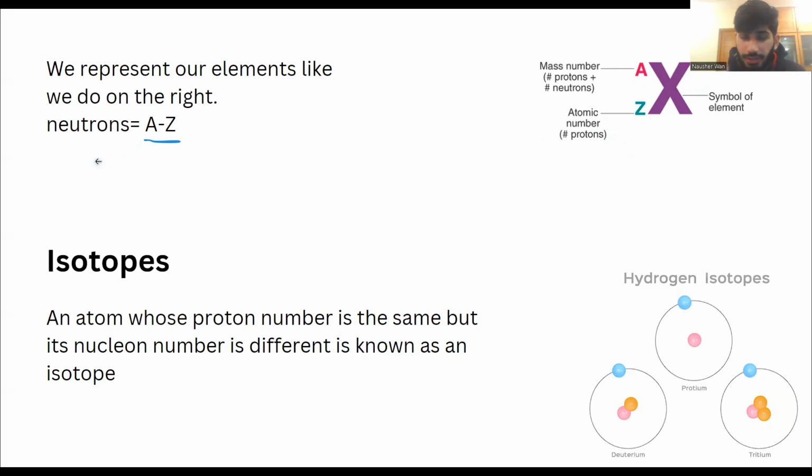Now, if we want to find the total number of neutrons inside of an element, all we're going to do is subtract the Z value from the A value, the proton number from the mass number, to get the total number of neutrons inside of an element. Okay?